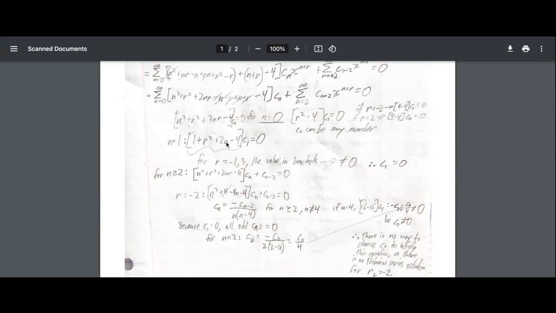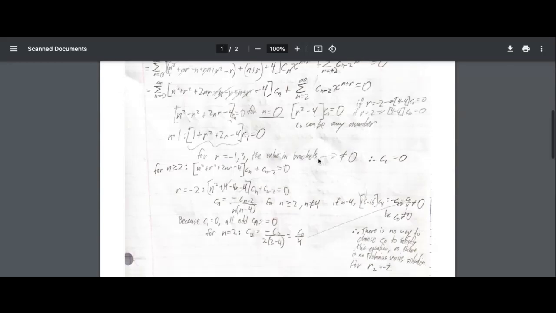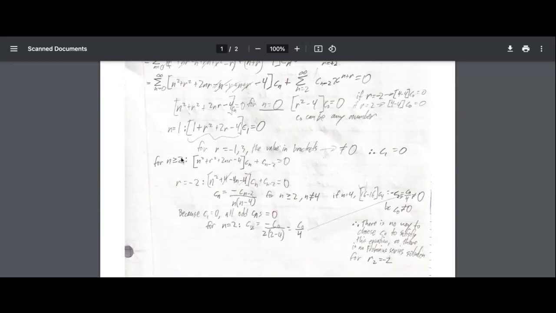We will be getting a nonzero value in the brackets, which means that c of 1 must be 0, right? Because if we multiply some non-zero number by something else, it can't equal 0 unless that something is 0. C1 must be 0. And so after that, we can use our general equation because we're at 2 and past that.